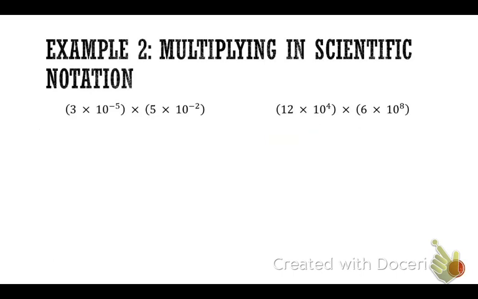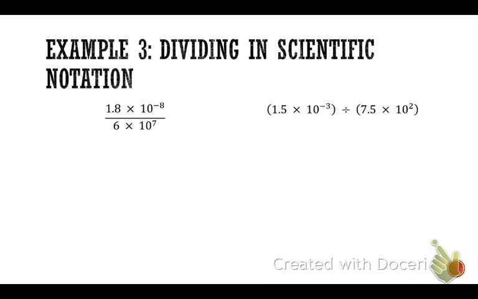All right, so that's multiplication. So you might even be able to kind of assume what we're going to be doing with division. We're using quotient of powers now with our powers of 10, and we're dividing the decimal values. Now, don't worry, you're not going to have this extremely long division problem, but you do have to do some long division because you don't have a calculator.